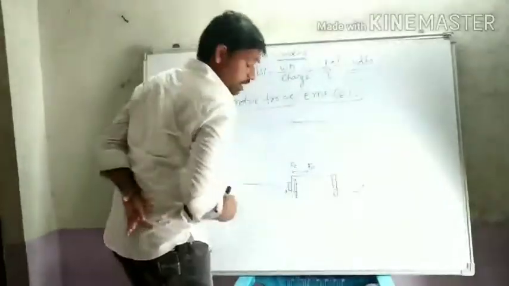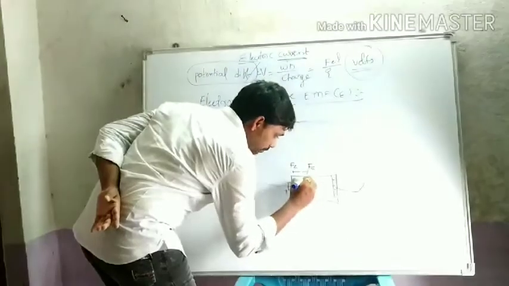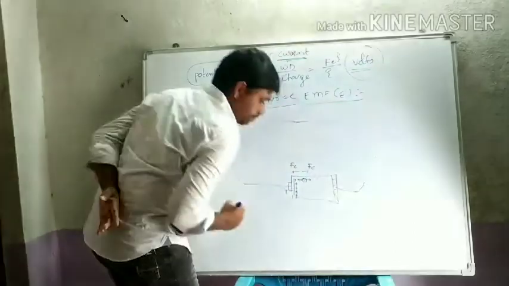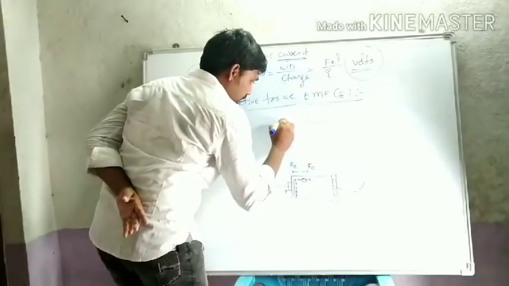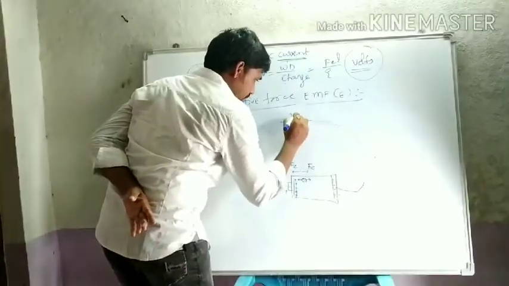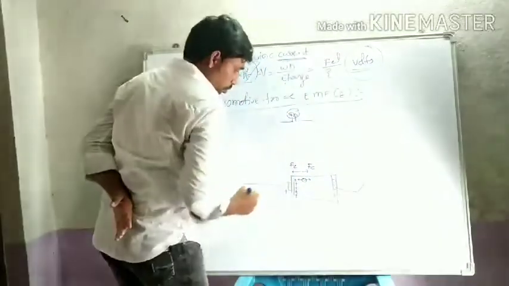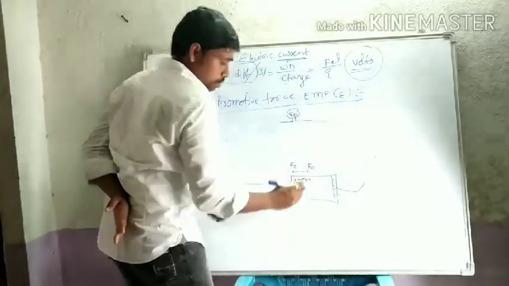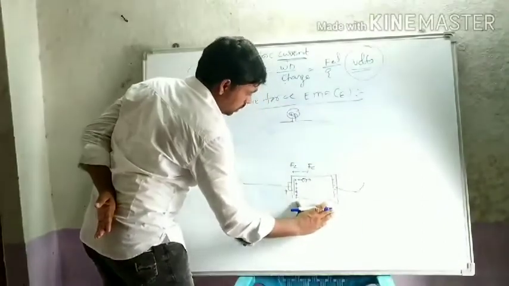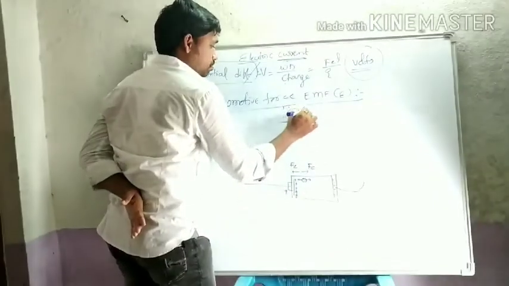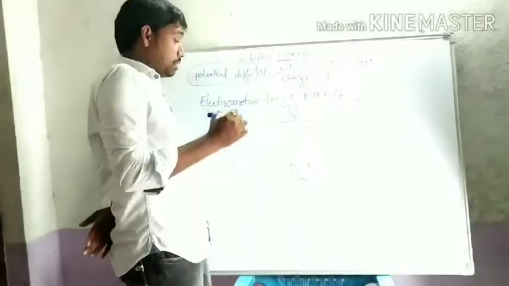Both act opposite to each other on every ion present within the battery. Through this conductor, let us say there is one bulb connected. When the bulb is connected between the terminals of the battery, the bulb will glow. How does it glow? Let us see.